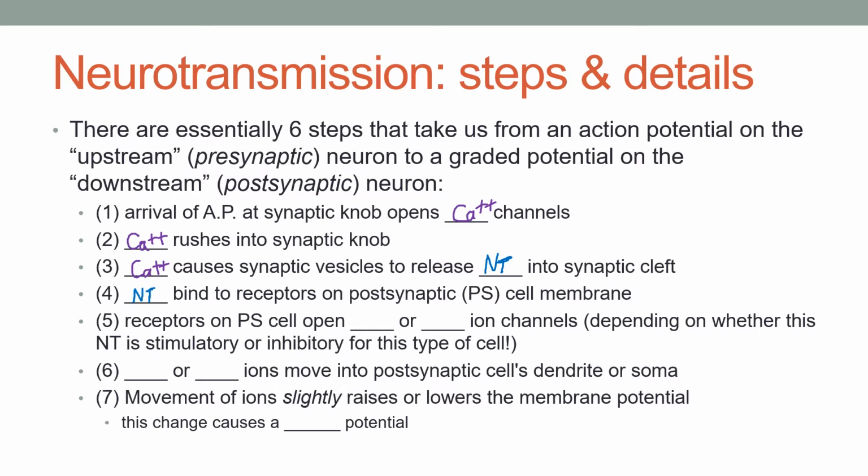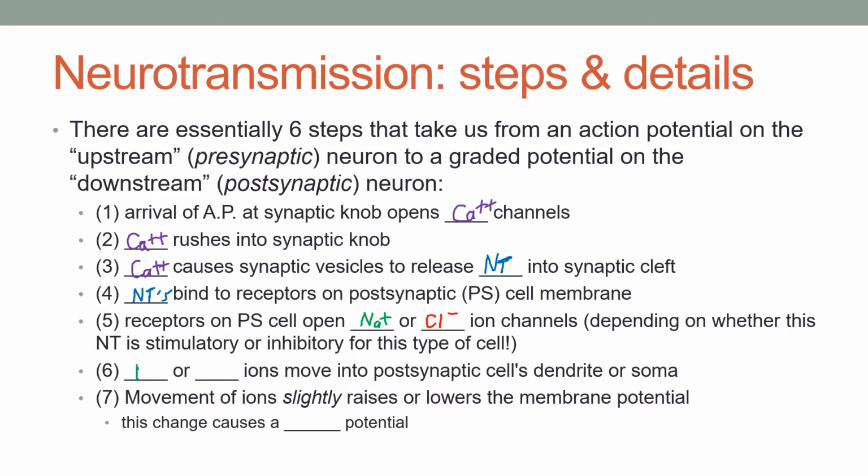The neurotransmitters bind to receptors on the postsynaptic cell membrane, and the receptors on the postsynaptic membrane open usually Na+ or Cl- ion channels, depending whether this is a stimulatory or inhibitory neurotransmitter for this type of cell.